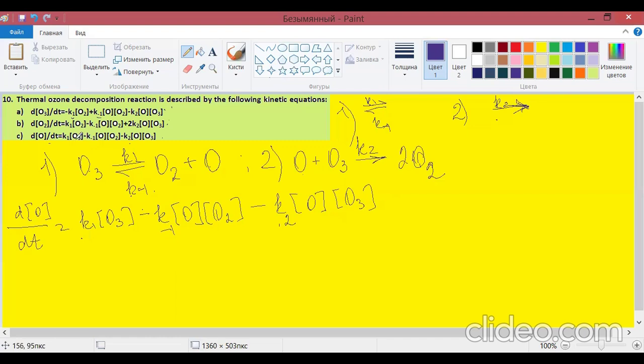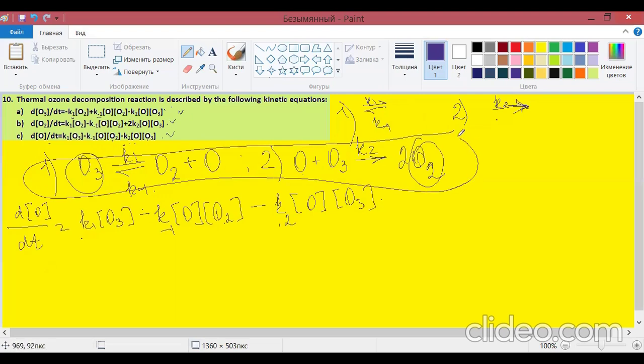K sub 1 times O3 concentration minus K sub minus 1 times concentration O times concentration molecular oxygen minus K sub 2 times concentration of O times the concentration of ozone O3, the same. And if you do similar things for the concentration of ozone and for the concentration of oxygen, you will get absolutely identical equations. You can do it on your own. And that means that this mechanism is correct.